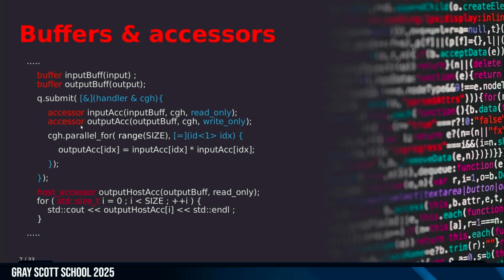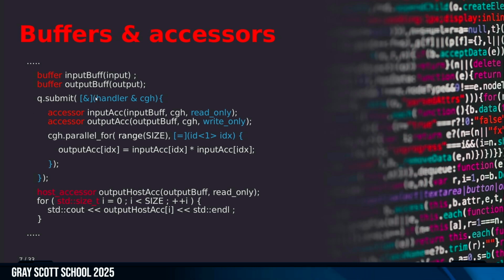In this first step, you are creating accessors connected to the buffers. The new thing with accessors as compared to the buffer is that that's the place where you say, for this task, I will be read-only or write-only or both on all these buffers. That's the place where you give information to the system about who will read, who will write, where.